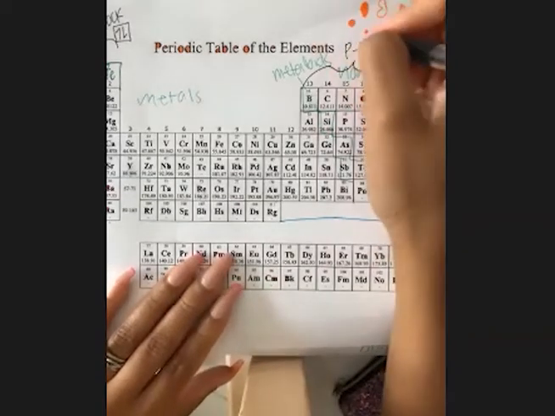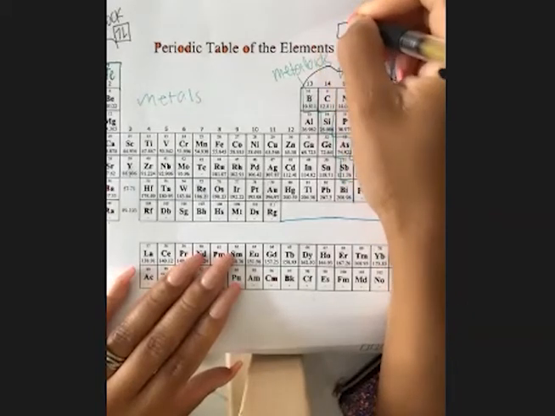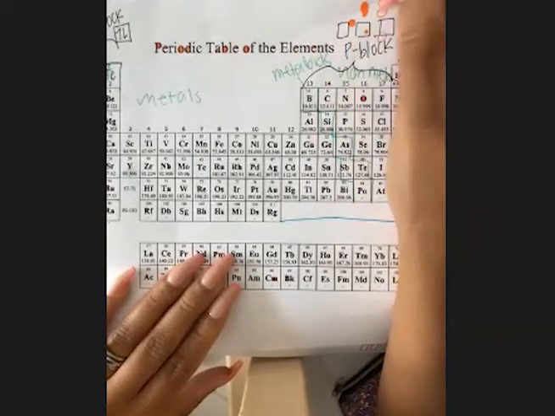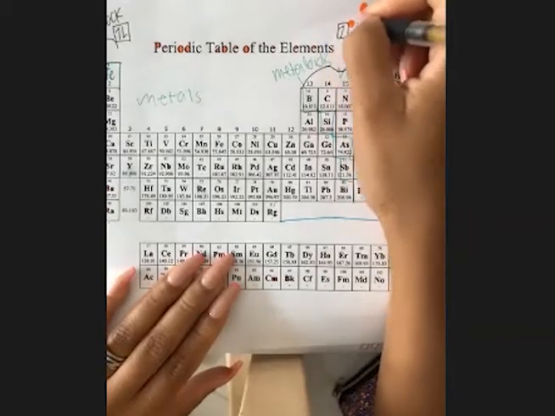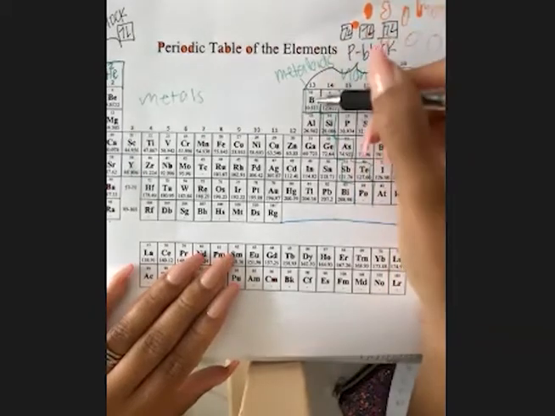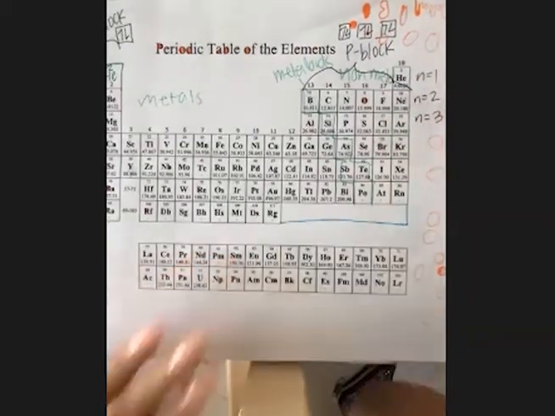The difference with the P block is that, remember, there are 3 orbitals in the P block, and the maximum amount they can have is 6. So it's saying 1, 2, 3, 4, 5, 6, and it represents the 6 boxes in the P block.